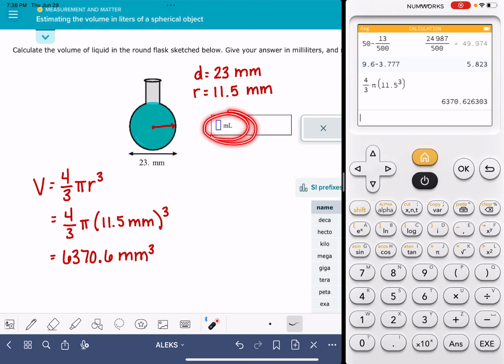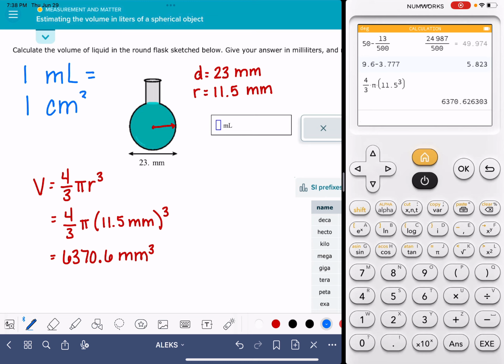Now the unit of the answer needs to be milliliter. So my next job is to figure out how to convert cubic millimeters into milliliters. One of the things that is not given to you in this problem but is essential for solving it is this relationship that 1 milliliter is equal to 1 cubic centimeter.